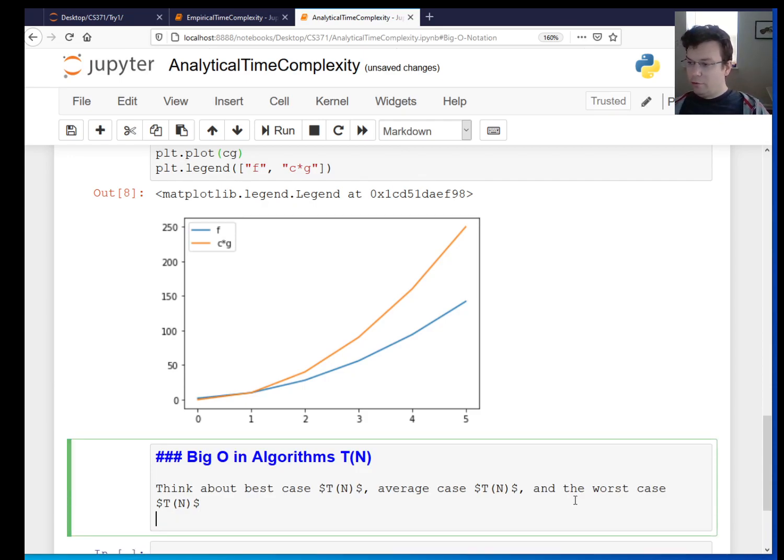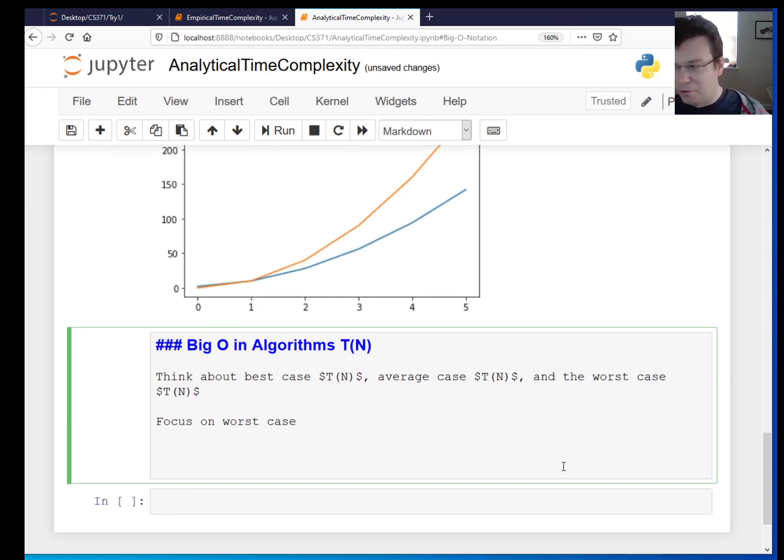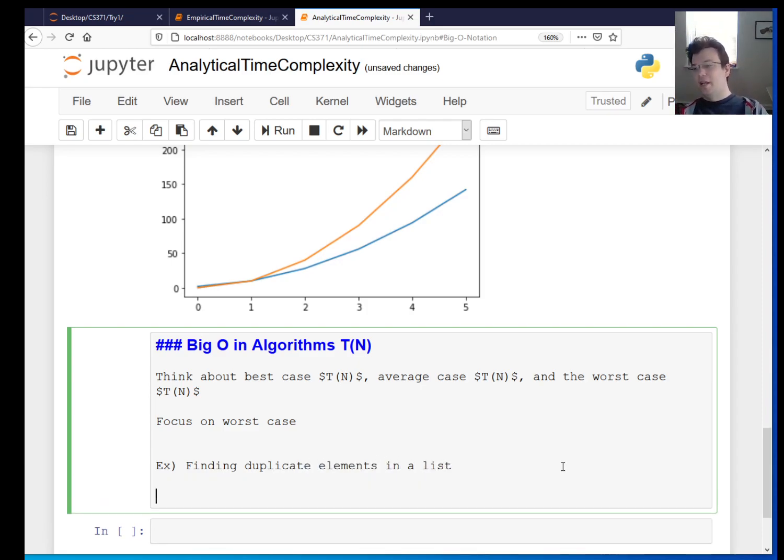So I do want to focus for a moment on worst case. I know I try to be optimistic about things in this class, but sometimes it's helpful to be a little pessimistic. So if we look at the problem of finding duplicate elements in a list, the naive algorithm said, for all i in range n, for all j in range n.